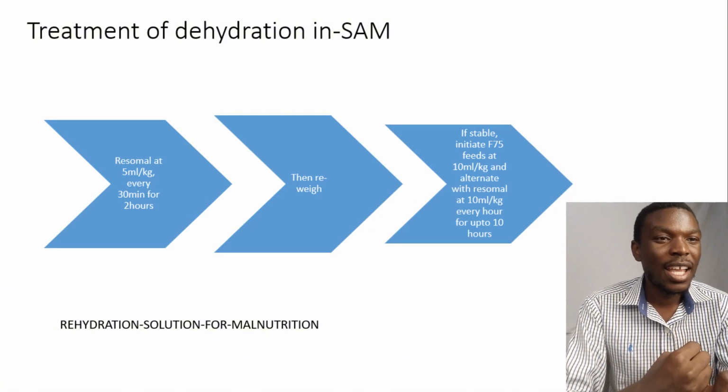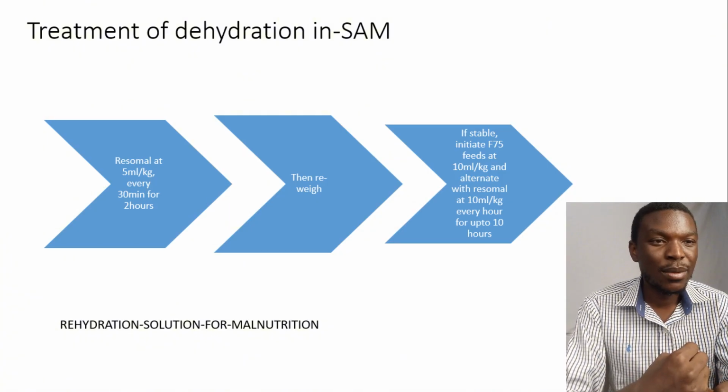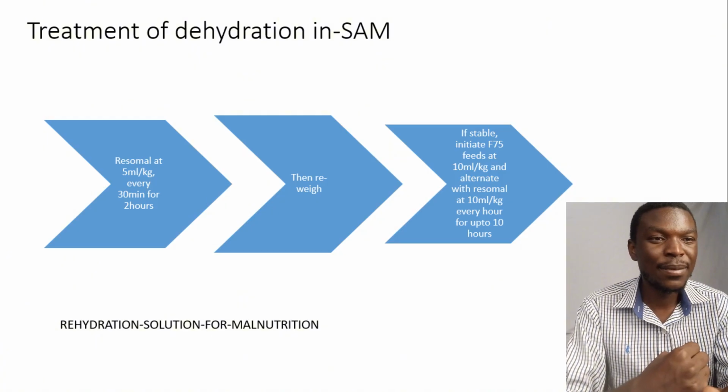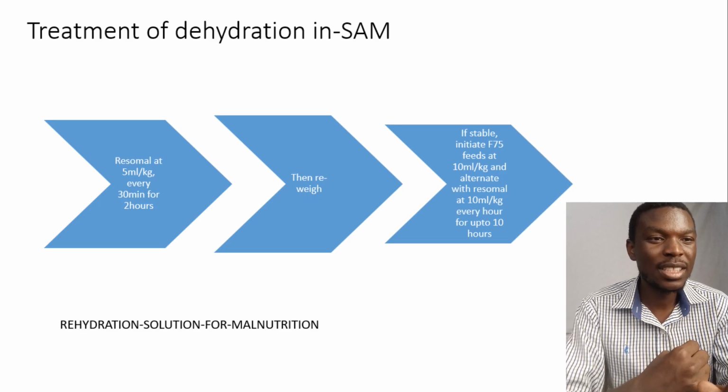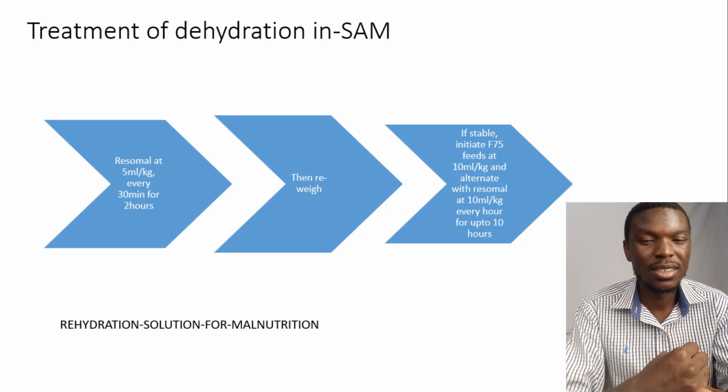So, if the child is stable, you can, as usual, initiate feeding with F75. Then you feed at 10 ml per kg and alternate with the ReSoMal at 10 ml per kg every hour for up to 10 hours.